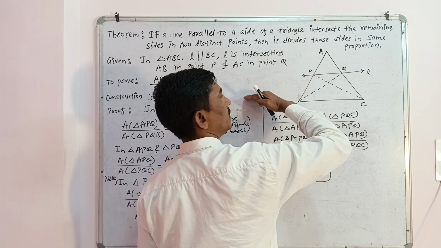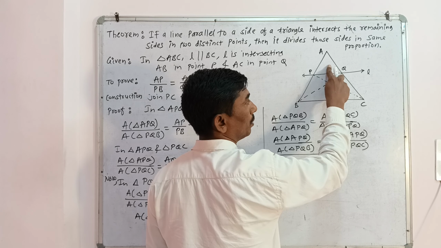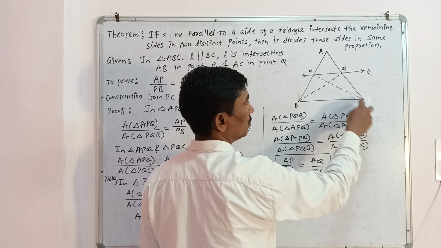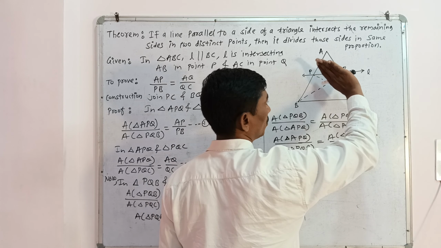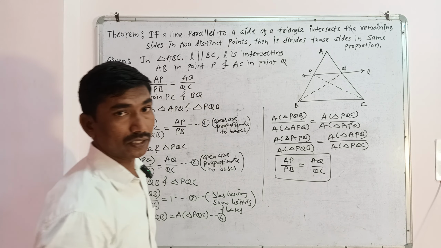Again, take the next pair, that is the upper triangle APQ and PQC, and rotate this to the other side, in the clockwise direction. Then you will have the triangles with same heights, and therefore the ratio of those two triangles will be the ratio of their bases.